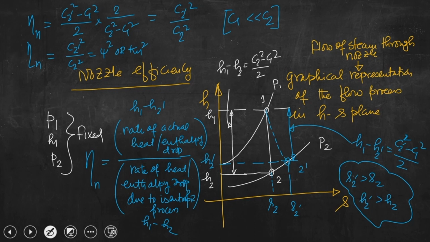That is very important: psi square or K_N square, where psi or K_N is the velocity coefficient that we have defined.